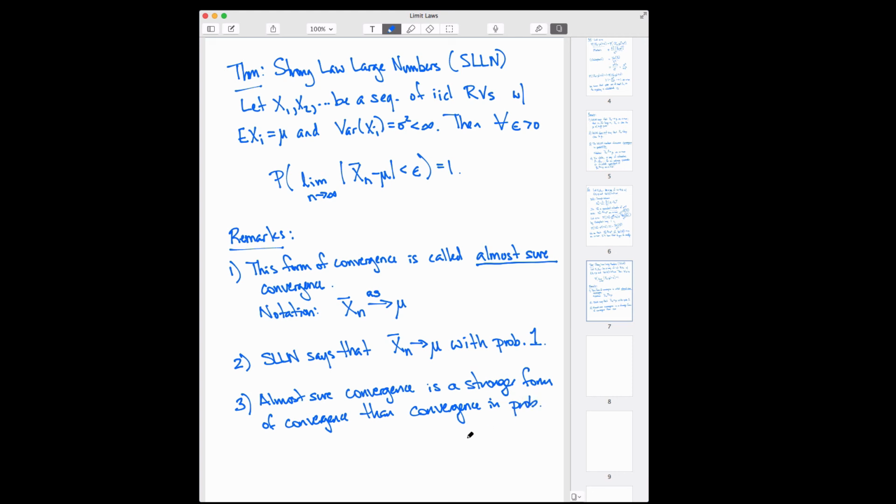And so what this means practically is that if you have a random variable that converges almost surely to its mean, then you know that that random variable converges in probability to its mean as well.